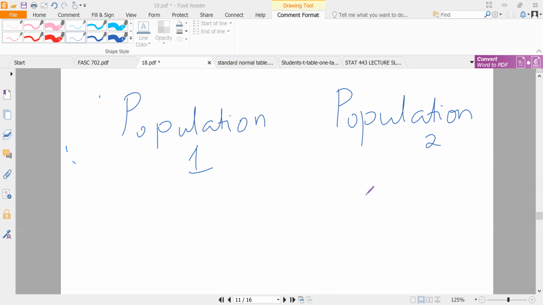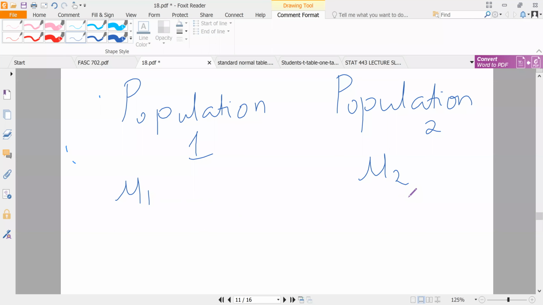In this case, I'll be talking about the simplest population parameter, which is the population mean. Suppose that population 1 has a population mean mu1, and population 2 has a population mean mu2. For both populations, you draw a sample and estimate the sample mean. So X bar 1 is the sample mean of the first population and X bar 2 is the sample mean of the second population.